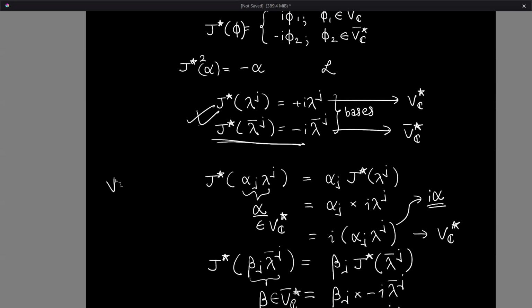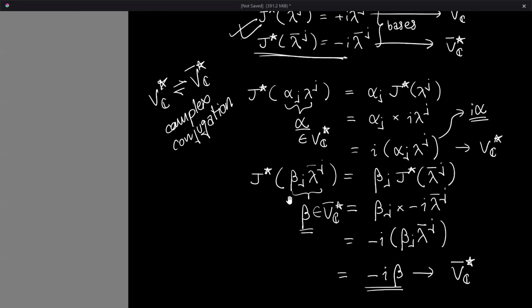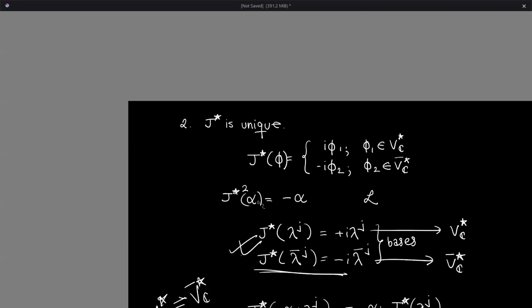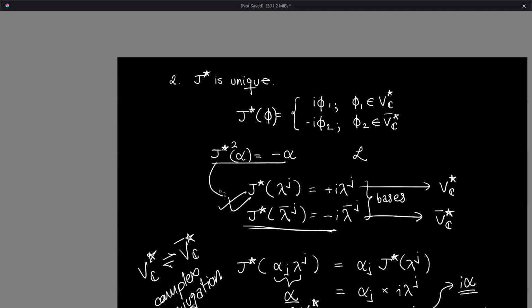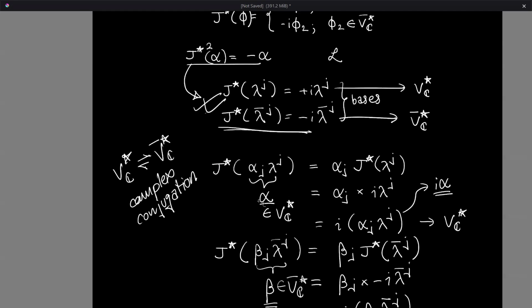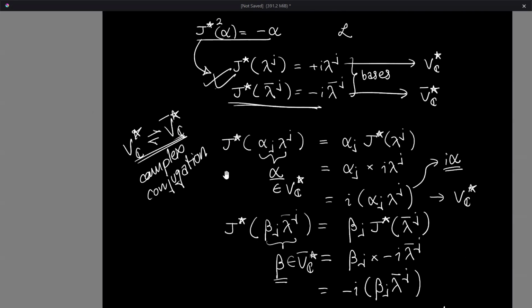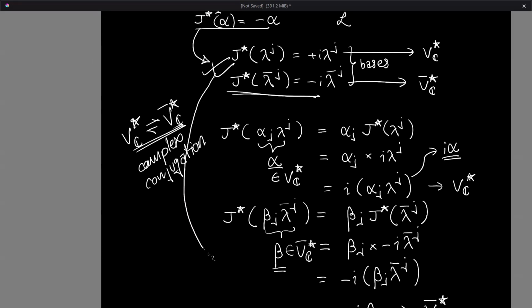And since VC star and VC star bar are related by complex conjugation, they fulfill the prerequisites for the theorem. So J star, as long as it's a complex structure, must fulfill this, which means that since these are complex conjugations, it fulfills the prerequisites of the theorem.